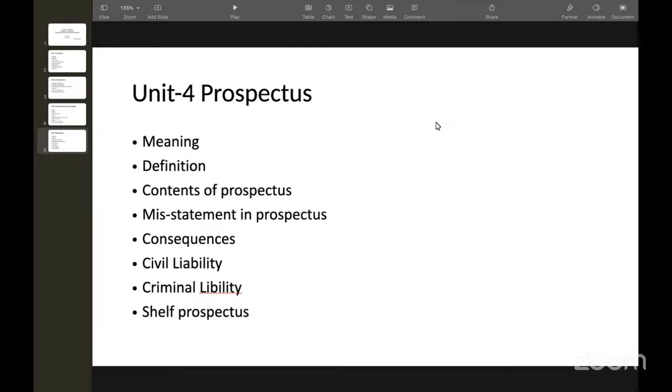Now, second is criminal liability. Under Section 34 of the Companies Act 2013, criminal liability arises if the misstatement was made intentionally or fraudulently.